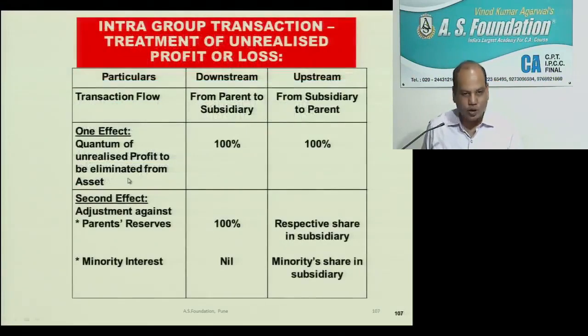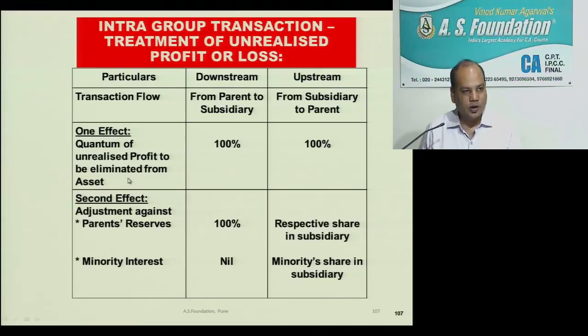So see the summary of the adjustment. It's printed in your book. Transaction flow: downstream, upstream. So there are two types of problem you'll get. One is downstream, one is upstream. What is downstream? Parent sold to subsidiary.